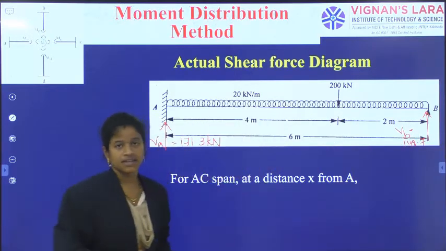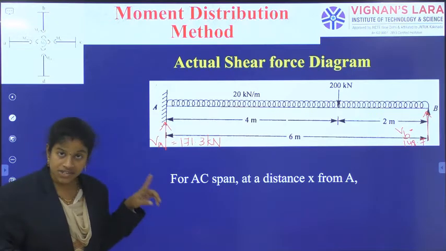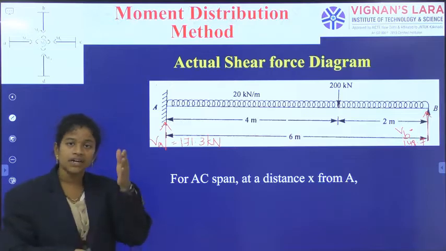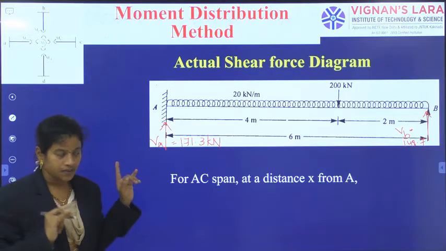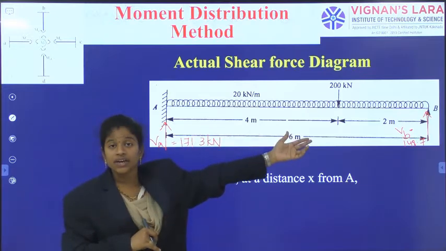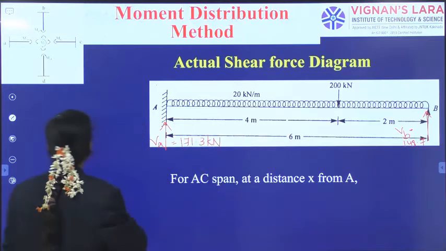So this is the original loading condition. First, for shear force, there is no need to indicate moment, because shear force also involves only vertically upward and downward loads. Firstly, for the AC span, because it has a load variation, I am taking it with respect to spans.